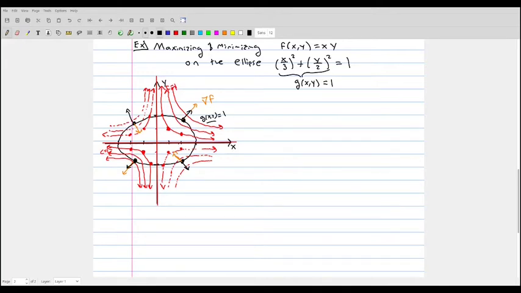And it's at those 4 points where the gradient vectors of each of these two curves point in the same direction. So without even doing the mathematics and actually solving the system of equations that we get, equation 1, equation 2, equation 3, we can identify with just the level curves and the constraint curve where the potential max and mins of our function are on this boundary, on this constraint curve.